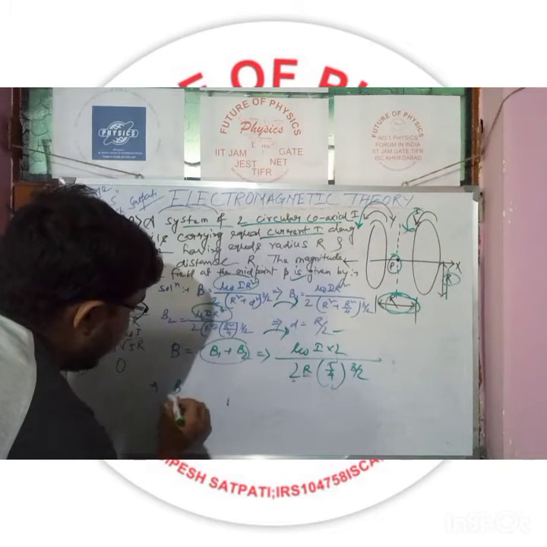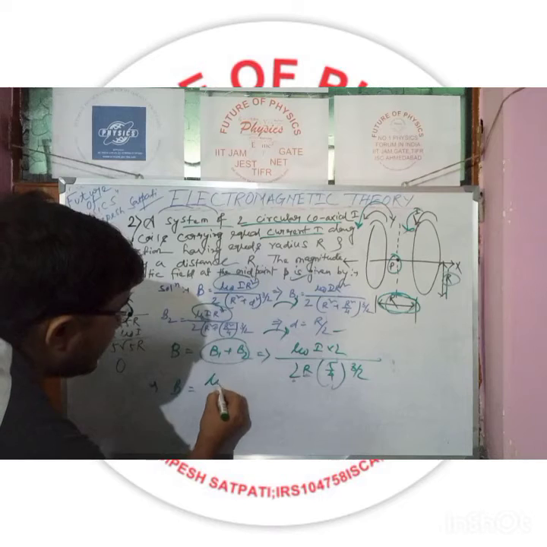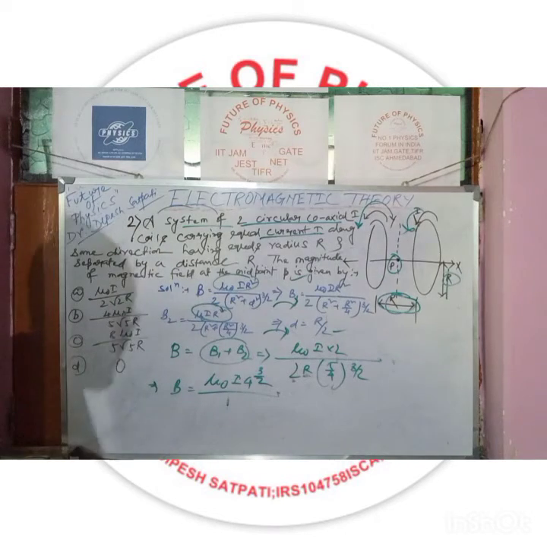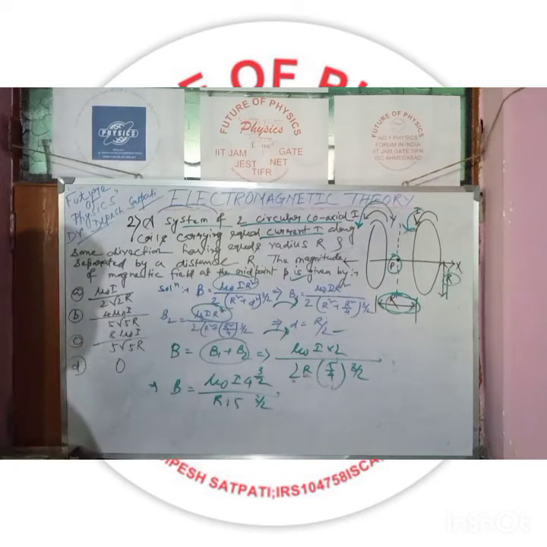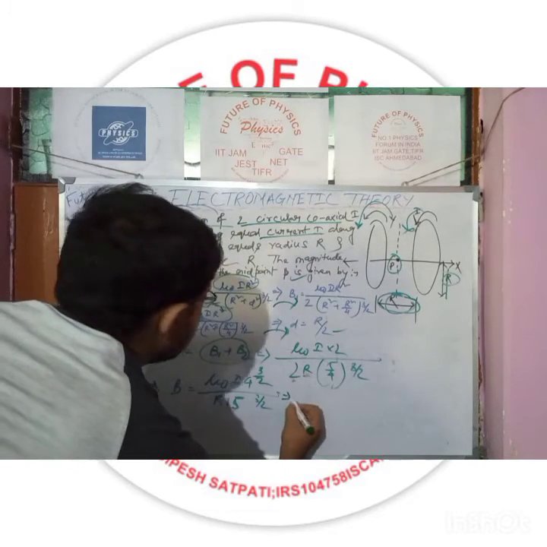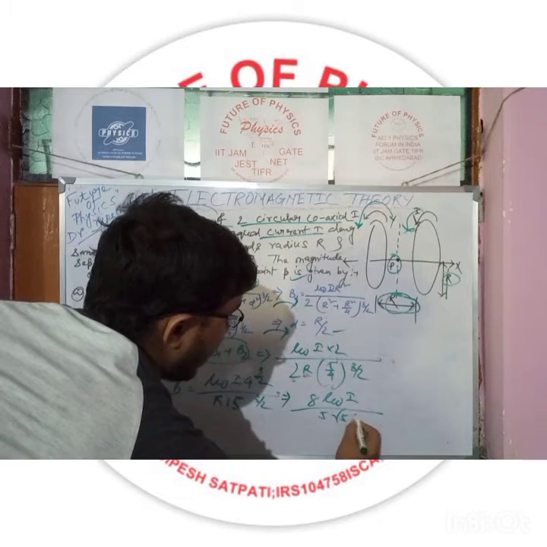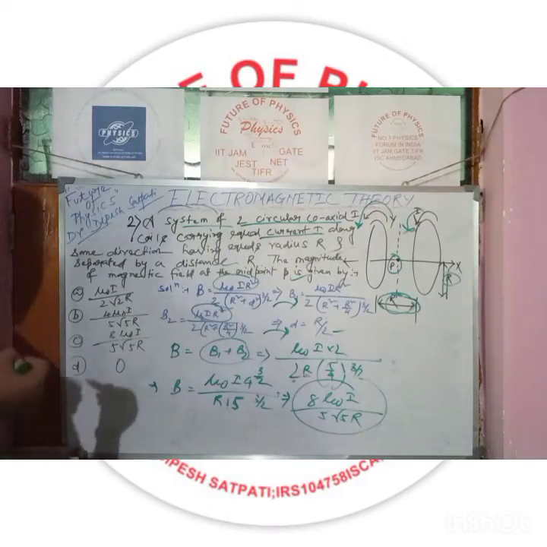So B is equal to 8 mu 0 I divided by 5 root 5 R. This is the answer of this problem. Now option C is correct.